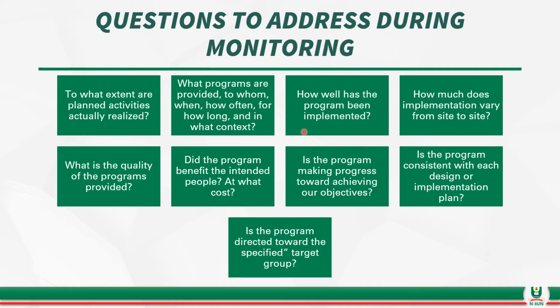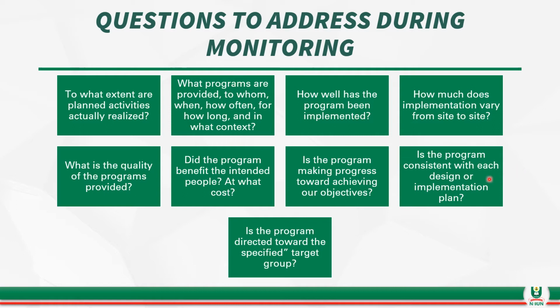3. How well has the program been implemented? How much does implementation vary from site to site? What is the quality of the programs provided? Did the program benefit the intended people? At what cost? Is the program making progress towards achieving our objectives?